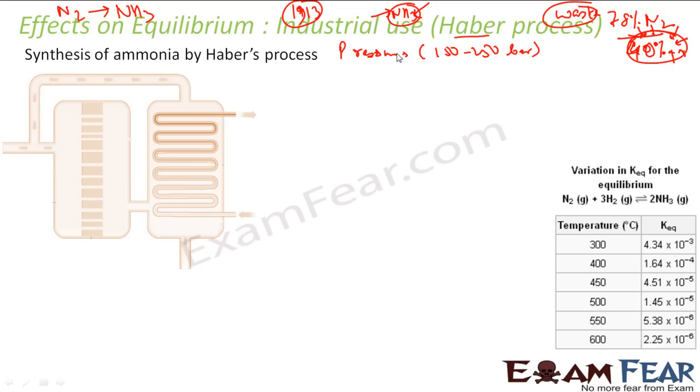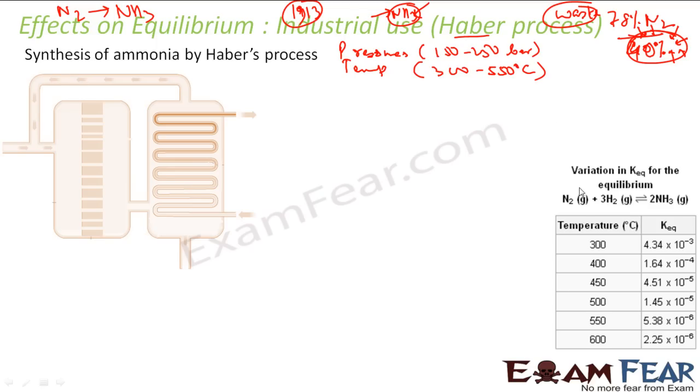So we can't maintain that. We want to decrease the cost, so we maintain this 150 to 250, which is reasonably not that costly to get. Temperature also we need high, but we can't go for a very high temperature because again, producing high temperature is very costly, right? So we maintain 300 to 550 degrees Celsius because producing even higher is very costly.